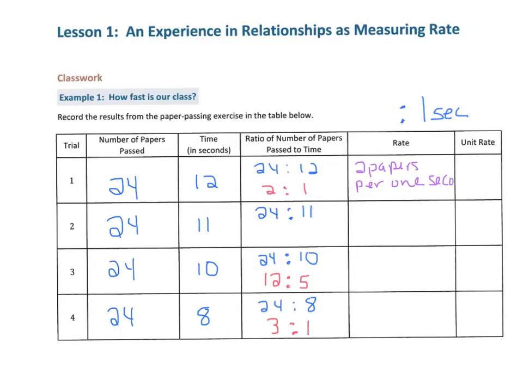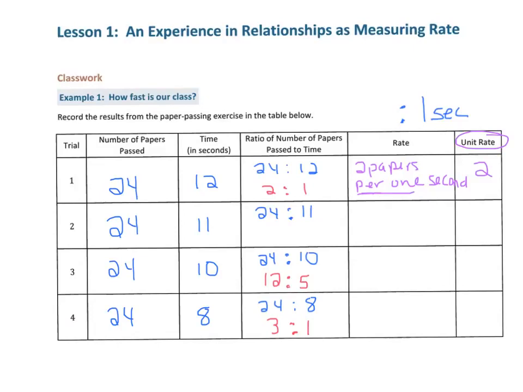So that rate always has a per, or how many per 1. And the unit rate is how many per 1, so the unit rate for that would just be 2.